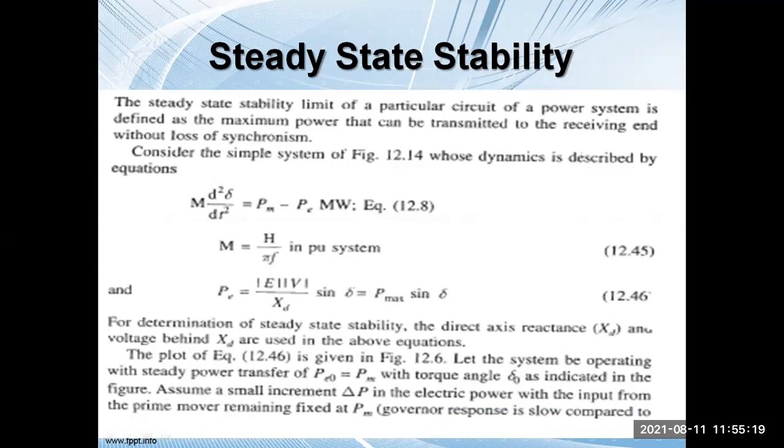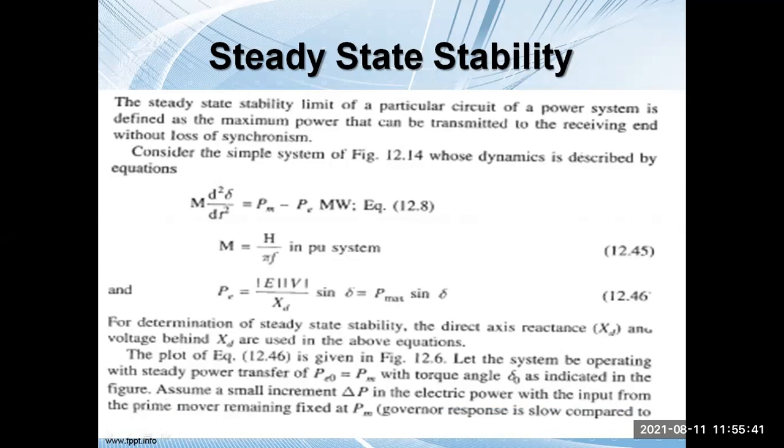How much maximum power can you transmit with the help of that particular line without losing synchronism? Because if the machine loses synchronism, it will not be able to deliver power to the grid. So in that case, the machine should stay connected with the system.